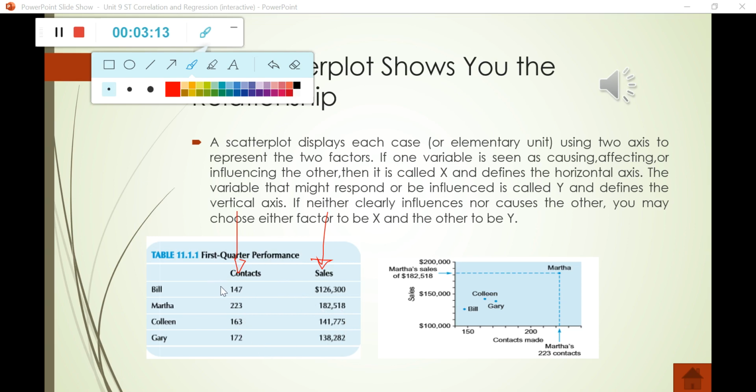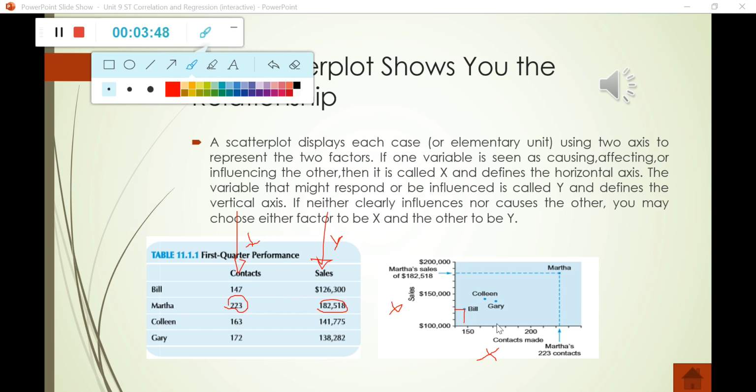For example, Martha has the largest number of contacts and also the largest number of sales. So we can already start to see that there's a certain correlation. If X increases, does Y increase? This is X and this is Y. Bill has 147 contacts and 126 sales, so we put it here.